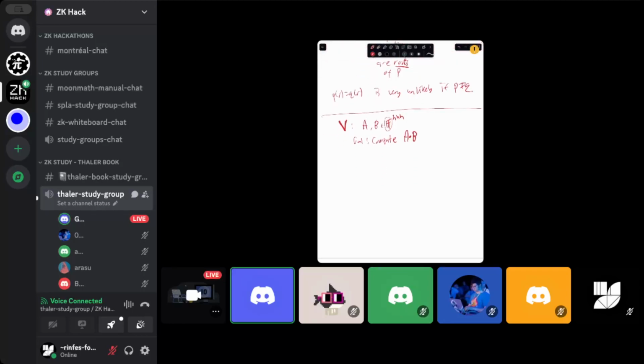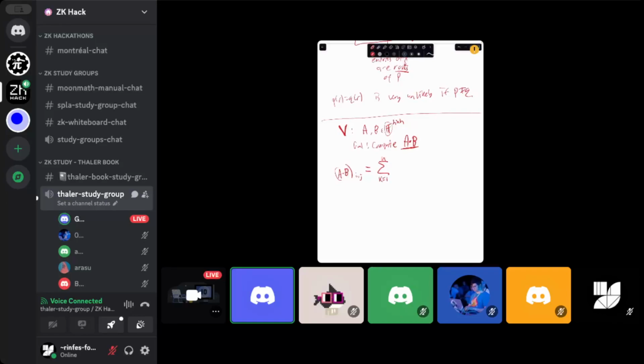For anybody who hasn't taken linear algebra in a long time, or maybe never taken linear algebra at all, that's fine. Let me remind you what the product matrix is. The product matrix is also an n by n matrix, and the ijth entry of the product is defined as follows: it's the sum from k equals 1 to n of a_ik times b_kj.